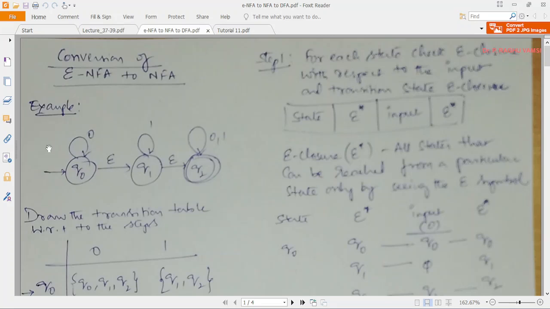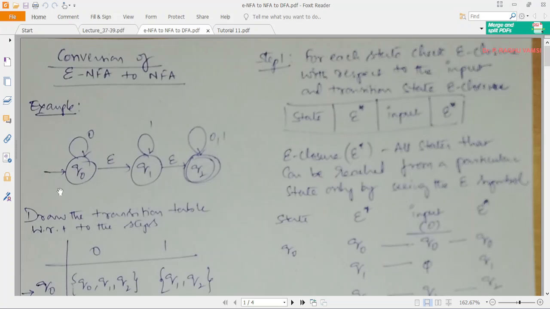If such an epsilon NFA is given, then it is completely non-deterministic, and the state we will get is also unpredictable. Hence, we are going to convert this epsilon NFA to NFA so that we can eliminate the epsilon productions or epsilon inputs. Then the NFA can be converted into DFA.